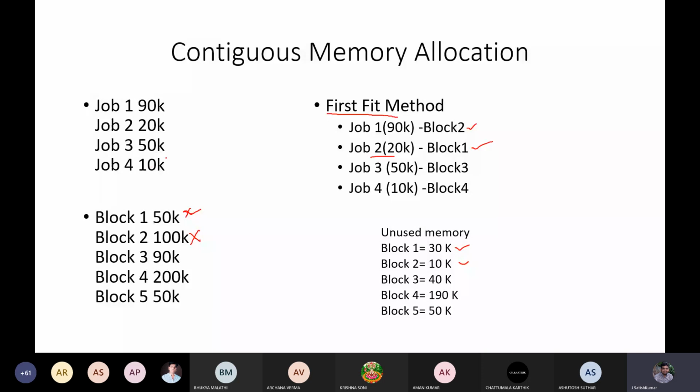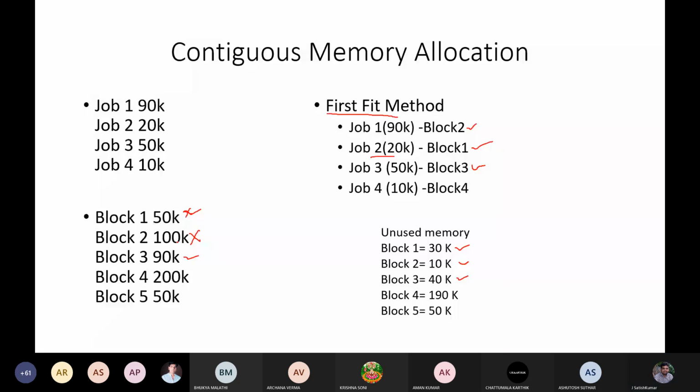Job 3 cannot be allocated in block 1 or block 2. Job 3, 50K, can be allocated in block 3. This is large enough, so job 3 can be kept in block 3. The leftover space is 90K minus 50K, which is 40K. Job 4 cannot be allocated in block 1, 2, or 3.